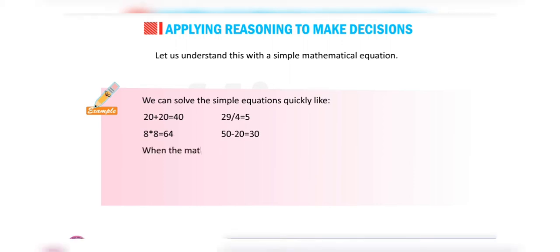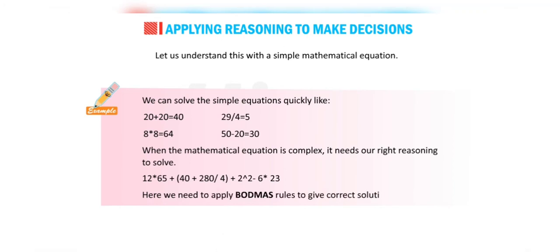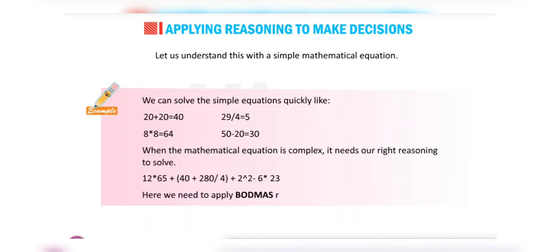But when the mathematical equation is complex, it needs our right reasoning to solve. For example, 12 multiply 65 plus 40 plus 280 divided by 4 plus 2 less than 2 minus 6 multiply 23. So in this problem we need to apply BODMAS rules to give the correct solution. So students, here the problem is 12 multiply 65 plus 40 plus 240.